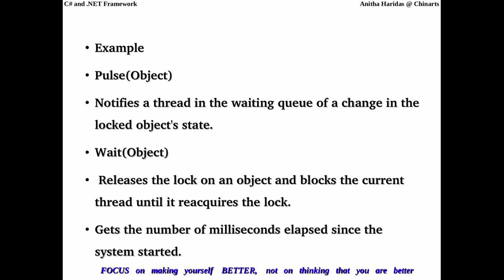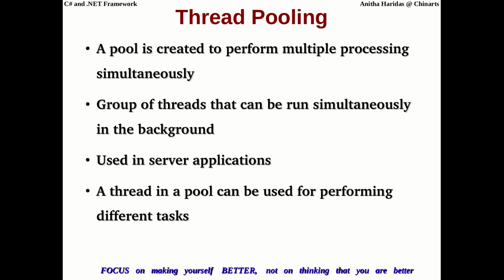You need not consider this particular slide. Just ignore the slide. Let us stop here itself. Thread pooling: what is a thread pool? If you are asked to write about the thread pool and the methods, what we have seen earlier in our previous discussion, the different methods available in the thread pool can also be included.